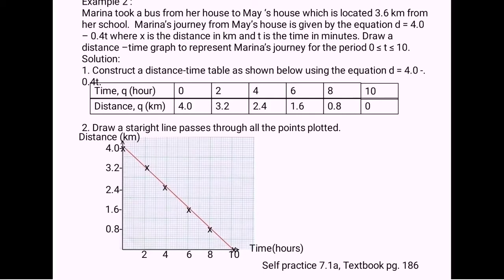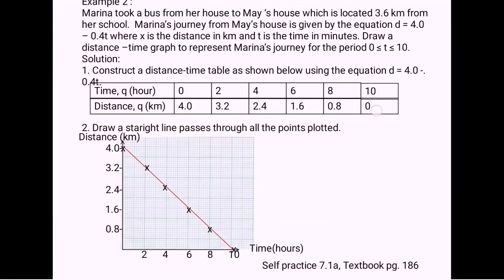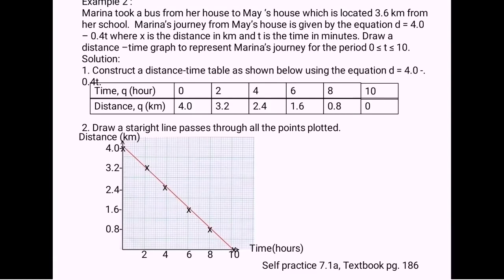So when t equals 0, D equals 4. When t equals 2, D equals 3.2, then 2.4, 1.6, 0.8, and last is 0. Plot the points in the graph and use a ruler to join all the points. So we have a straight line. This is the answer for example 2.